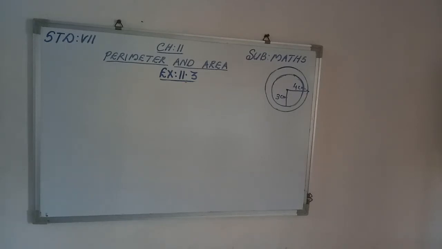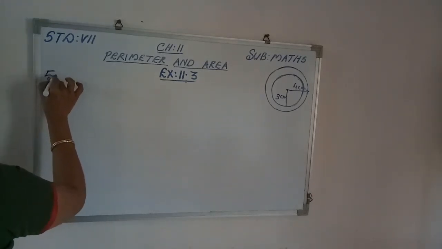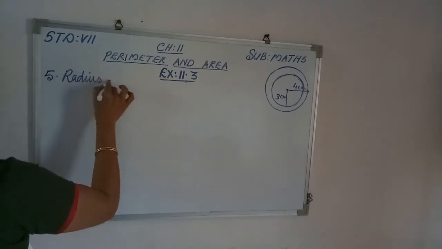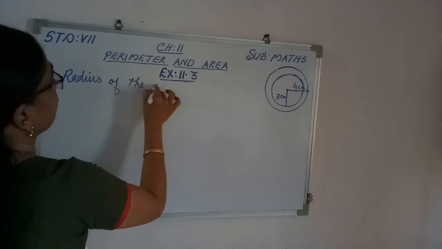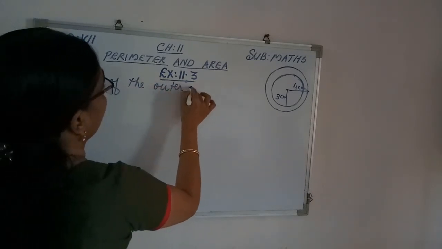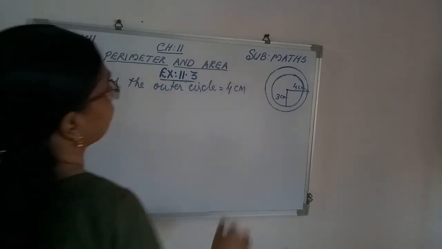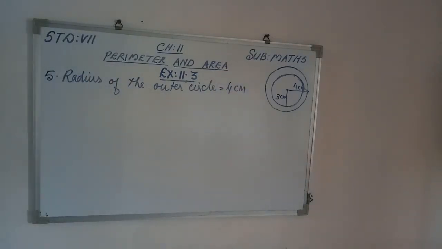So first we can write radius of the outer circle as 4 cm and radius of the inner circle as 3 cm. Question 5. So radius of the outer circle, how much it is? 4 centimeter. Therefore, what can you find out?